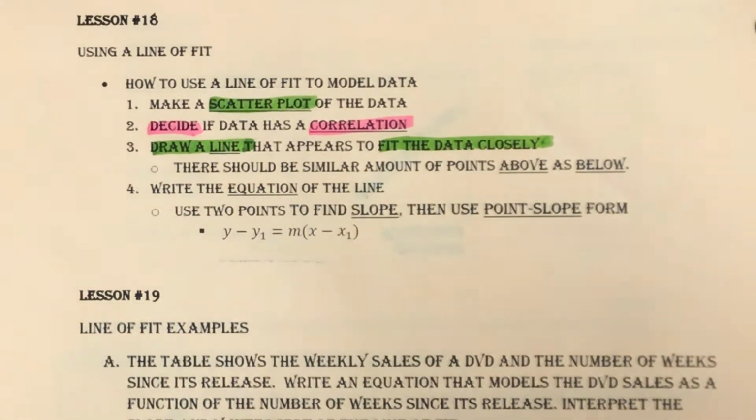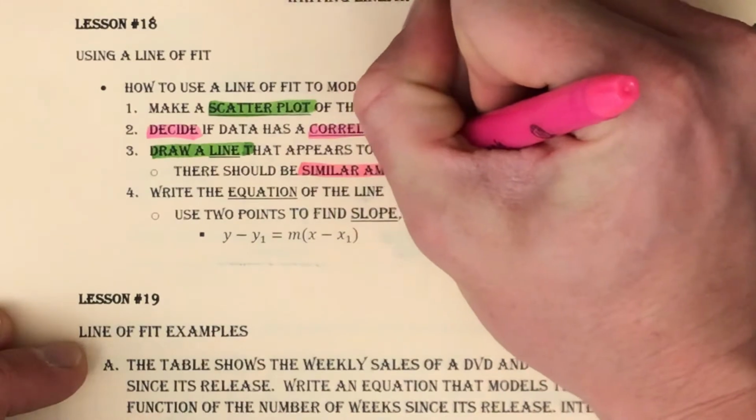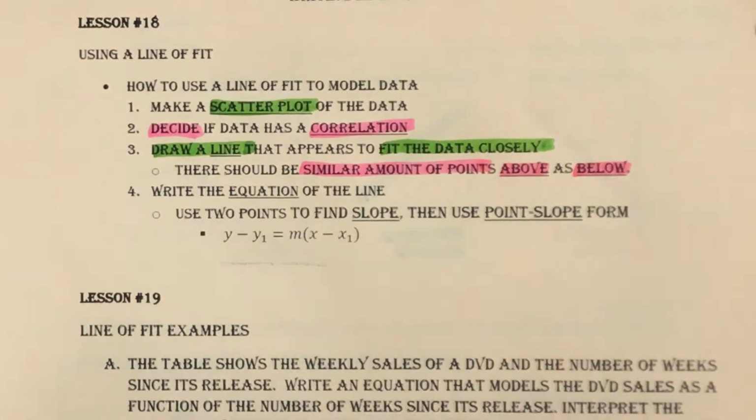One thing I want you to keep in mind is when you draw this line, there should be a similar amount of points above and below. So I shouldn't have like 10 points above and only 1 point below it. I could have 3 points above the line and 2 points below. Those are similar numbers. Obviously, it's best if we have numbers that are equal on both sides.